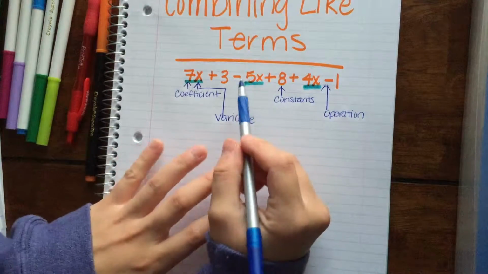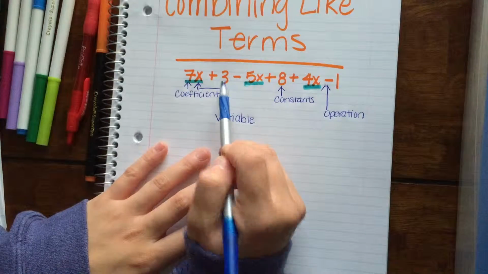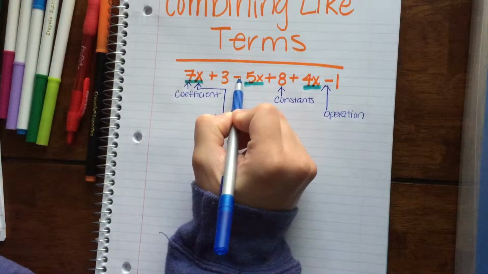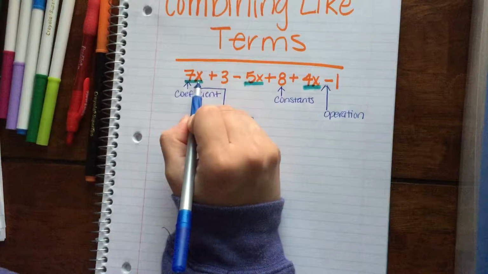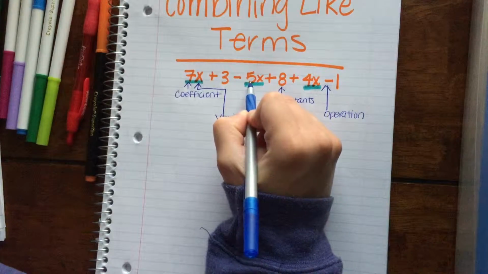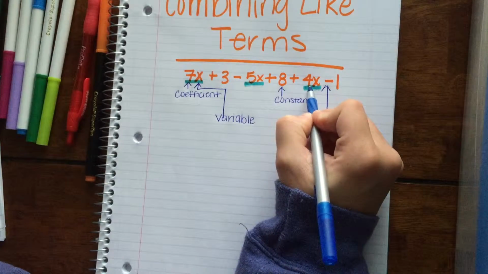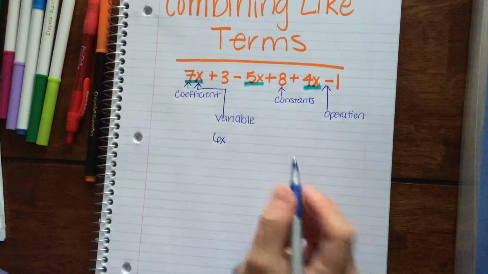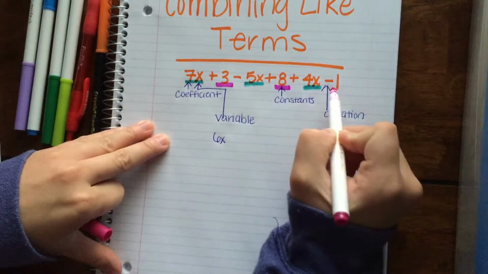How you combine when you have a number or a variable in between these is you look at the 7x and then you look at the operation right in front of what you want to combine your 7x with. So in this case, we are doing 7x minus 5x. That would be 2x, and then we want to add 4x, and that would give us 6x.